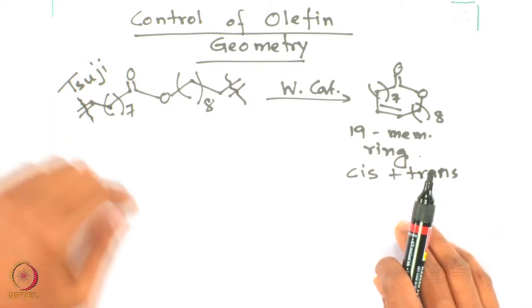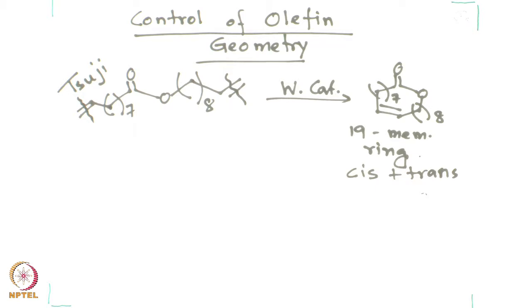Now, there are not too many ways to control this cis and trans product formation. One way to control the geometry could be reacting with an alkyne instead of an olefin. So, these reactions are going to be alkylidyne chemistry, where an alkyne instead of an olefin is reacted with the organometallic intermediate.